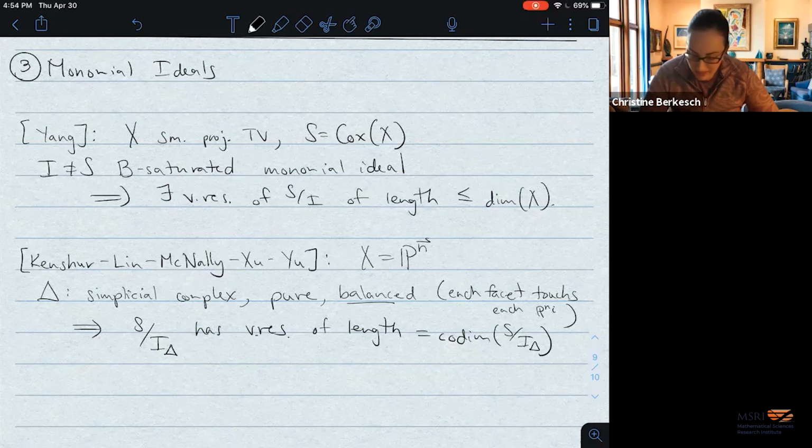And the way that they do that is, again, this virtual resolution is acyclic. So they start with the pure complex, or their simplicial complex, throw in irrelevant faces, and then produce a shelling of that complex that they're able to use to get Cohen-Macaulayness for the new simplicial complex. So that's how that works. Okay. All right.